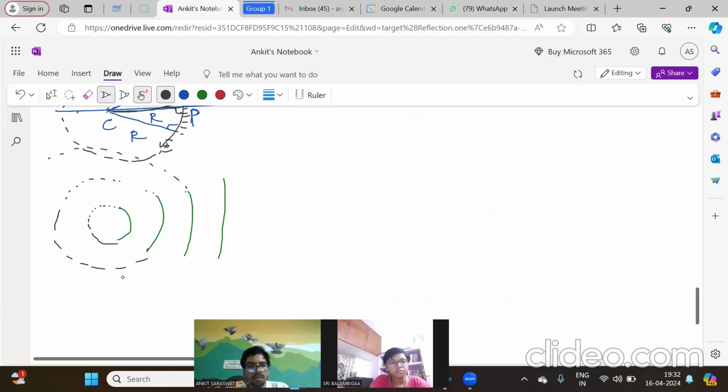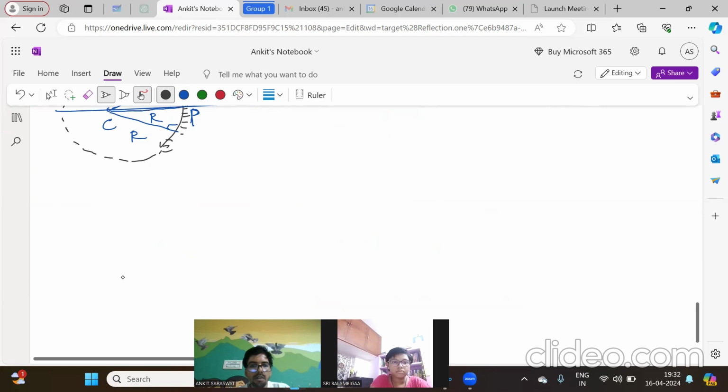Again I am telling, okay. Understood what is the meaning of curvature? Curvature means, like I am drawing here, for example, if I draw one curve like this, one curve like this, one curve like this.